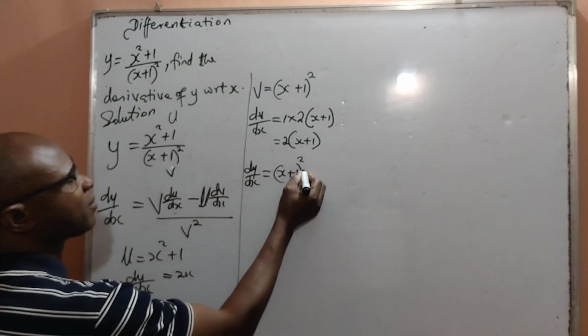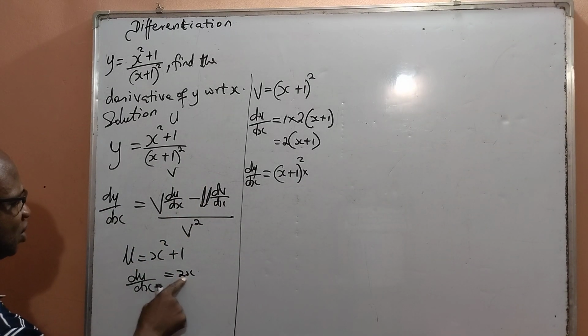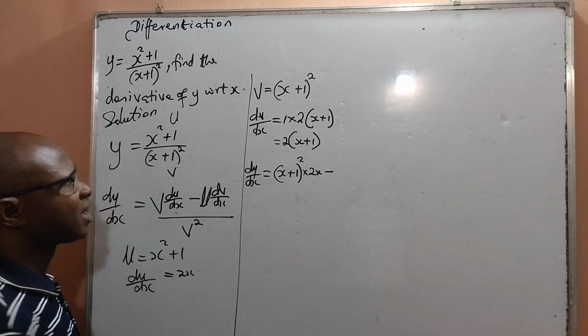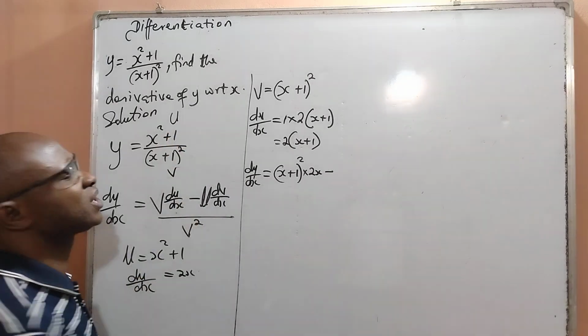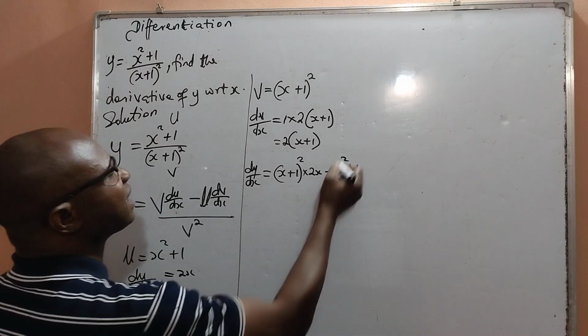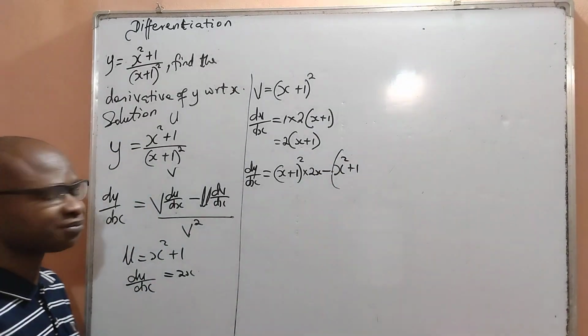Du/dx will multiply v, and du/dx is 2x. Then minus, I will put u down, which is the expression at the numerator, x raised to power 2 plus 1, with everything in the bracket.